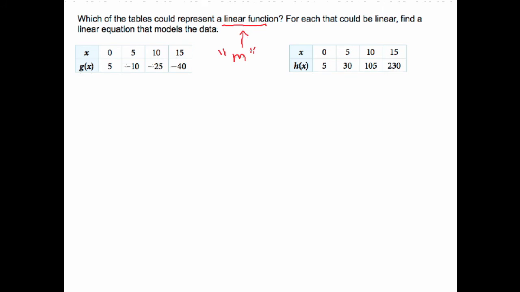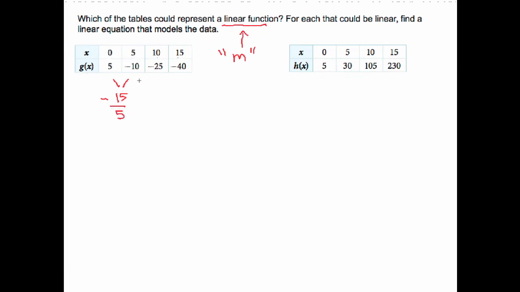So when I look at the first table, I ask myself, well, is it linear? Well, what would be the slope for the first two coordinate pairs? Slope is change of output per change of input, so we have negative 10 minus 5, which is negative 15, all over negative 5 all over 5 minus 0, which is 5.